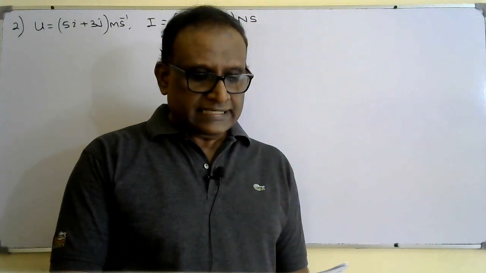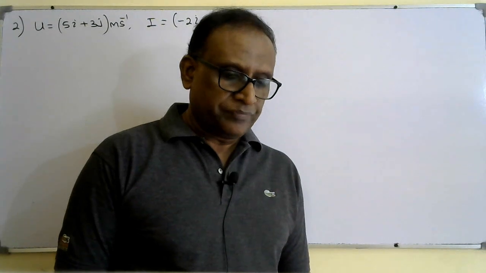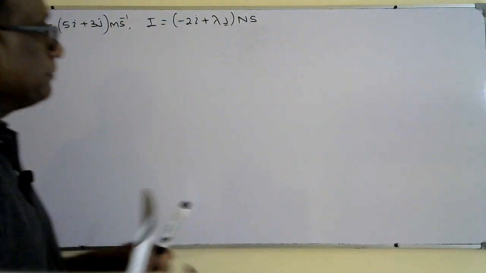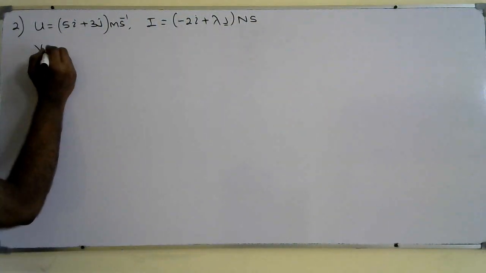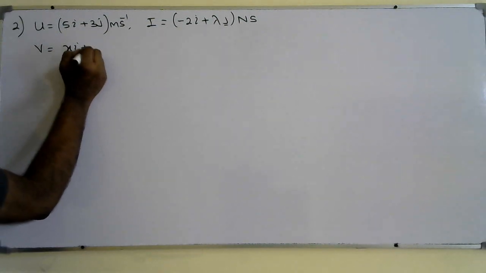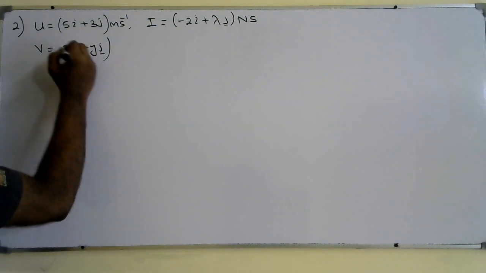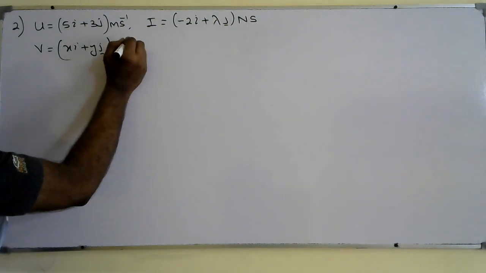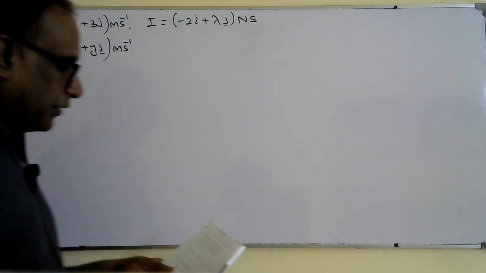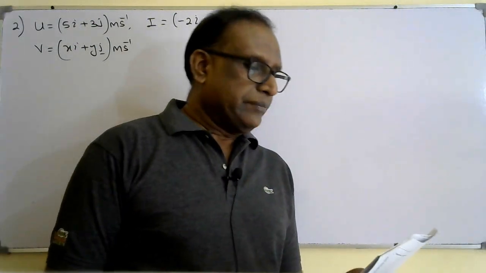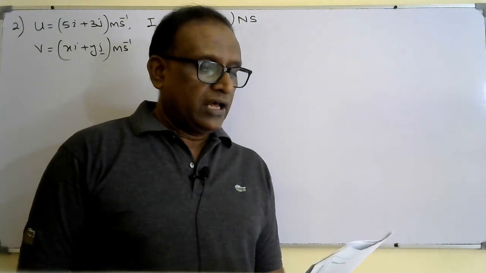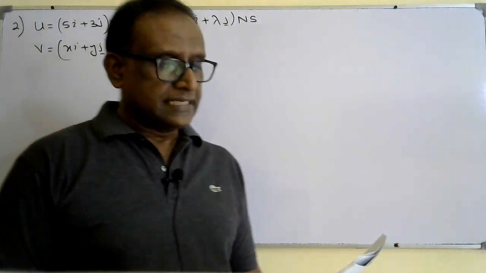Immediately after receiving the impulse, the velocity of P is xi plus yj meters per second. So that is the final velocity, xi plus yj meters per second.